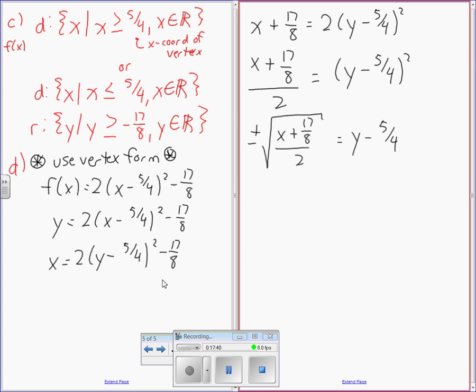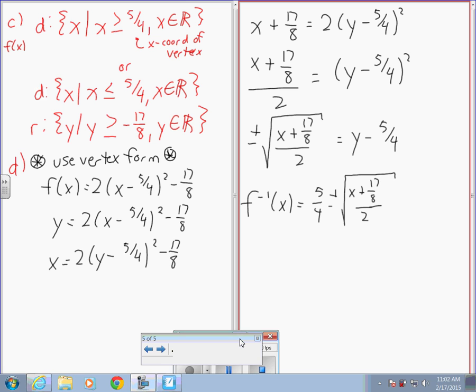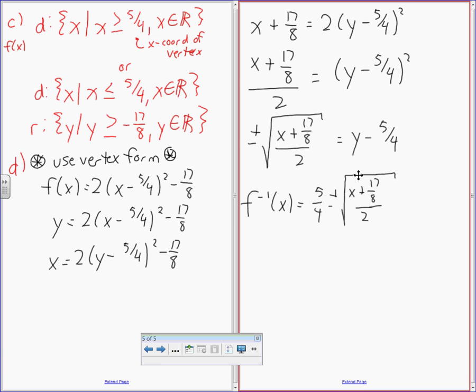That's what we're finishing. I know there's still one more step here. So it'd be f inverse of x is 5 over 4 plus or minus the square root of x plus 17 over 8. And that's just algebra.